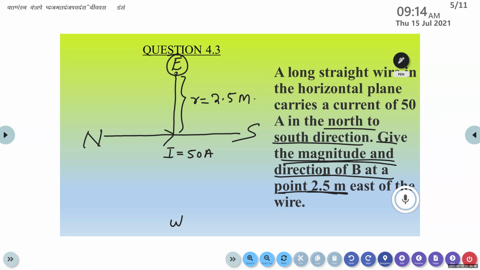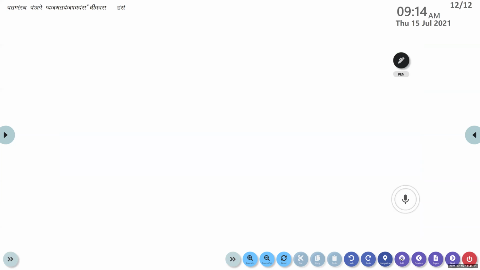Again, what is the equation for calculating the magnetic field here? Here also the conductor is a long straight current carrying conductor. So the equation is mu 0 I divided by 2 pi r.